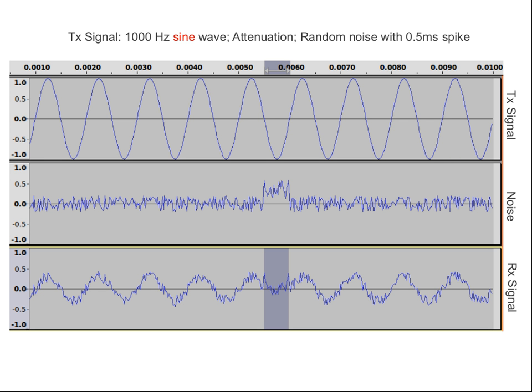How many sine components in this transmitted signal? If you had to write an equation for the top signal, how many sine functions would you have in it?